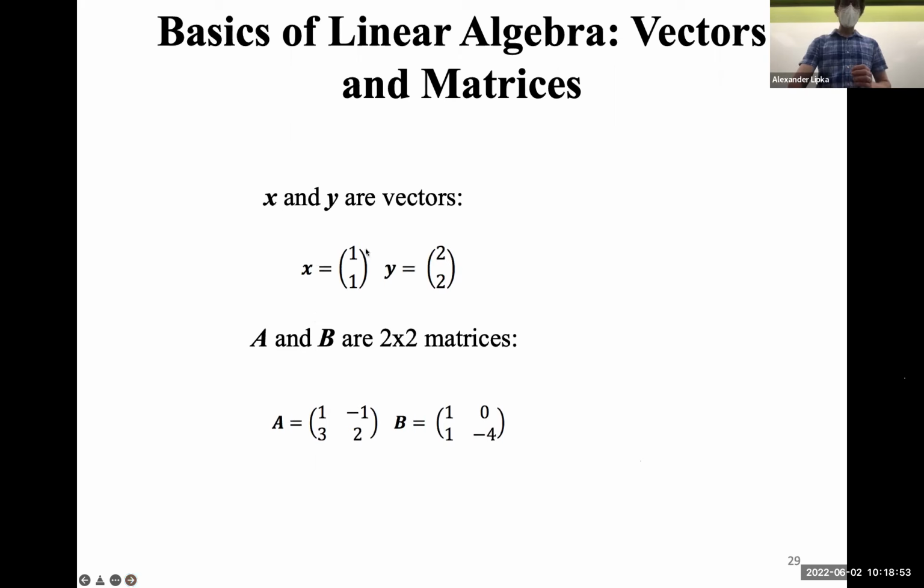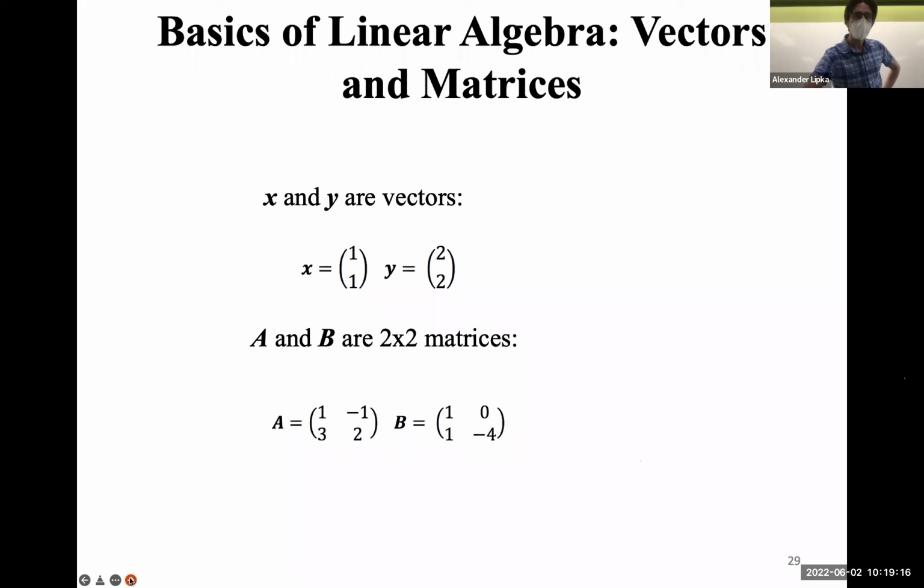A vector is a special matrix with just one column or just one row. Here's an example of x and y. Both of these are two-dimensional vectors. And A and B are 2x2 matrices, so each has 2 rows and 2 columns.